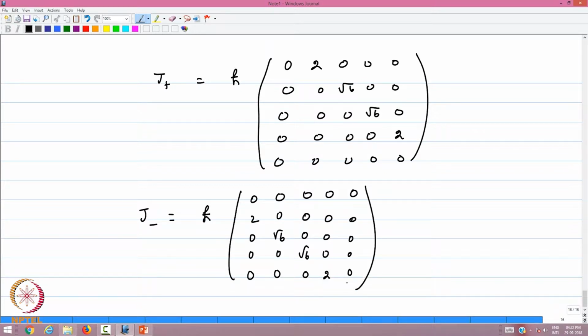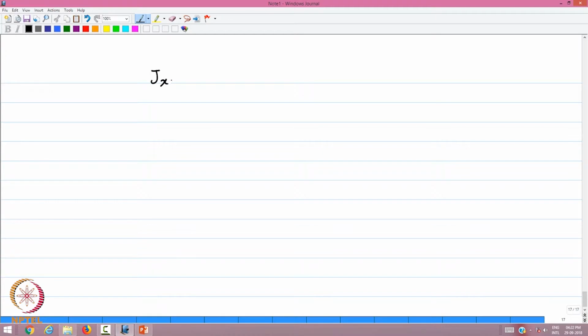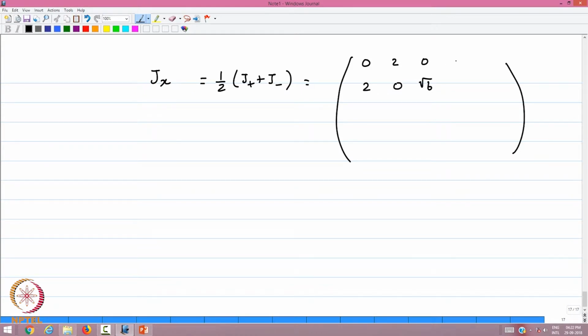So, this is j minus, and therefore you can see immediately that j x is 1 by 2 times j plus j minus, and so you can see all the elements which are not 0 0 2. Of course, this j x is a Hermitian matrix, you can see it right away, and this is root 6 0 0 0, and you can see that this is 0 0 0 and this is root 6.